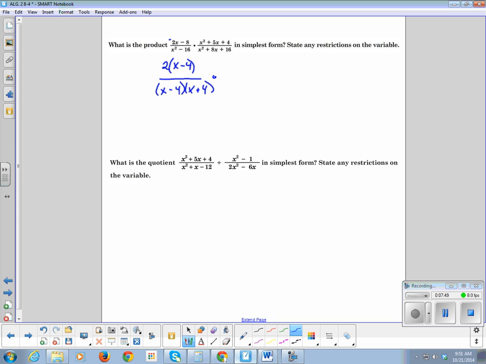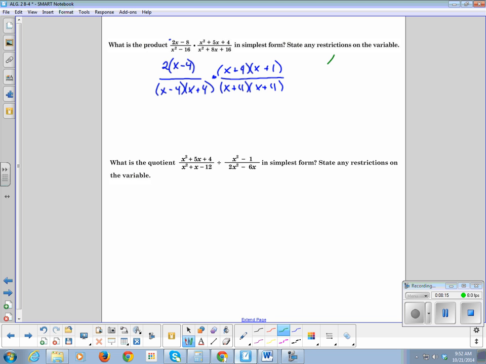Okay, we're going to times that by this guy factored, and then the bottom one factored. Now that we have it all factored, let's state our restrictions.